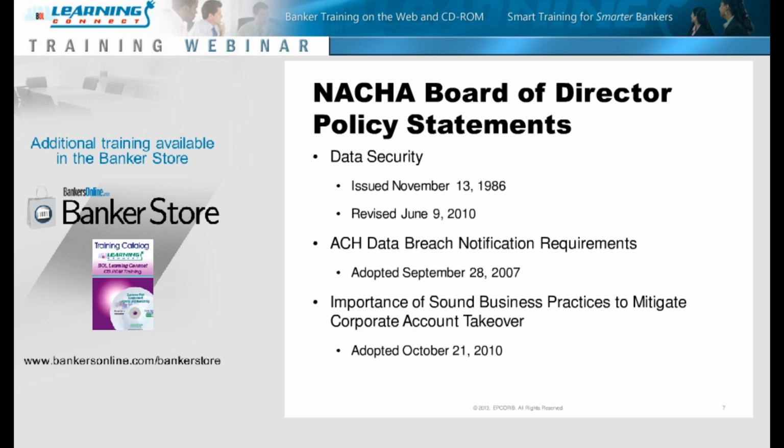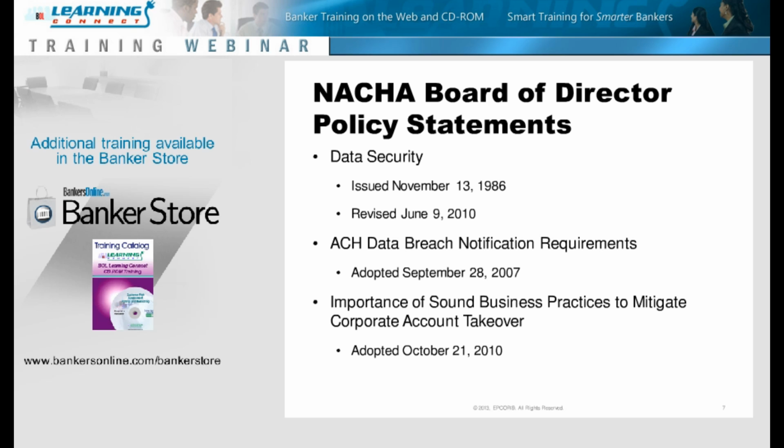So probably in 1986, and I don't know what the exact thing was that happened or might have been in the media, NACHA's Board of Directors at that time looked at data security and said, wow, we really need to pay attention to this. And they looked at it and said, is there a business case to write a new rule, an actual new rule that goes into the ACH rules?